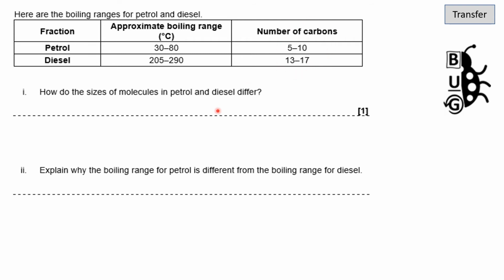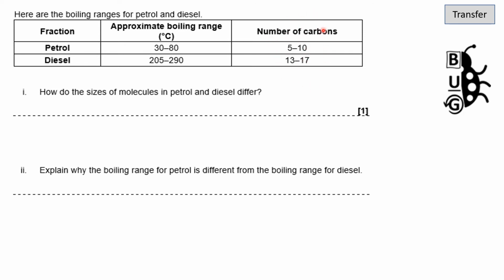The question says, how do the sizes of molecules in petrol and diesel differ? How are the sizes of the molecules different? Okay, well, nowhere on the table does it say size of molecules. So it's either talking about the boiling range or it's talking about the number of carbons. Which one's the most logical there for size of molecule?